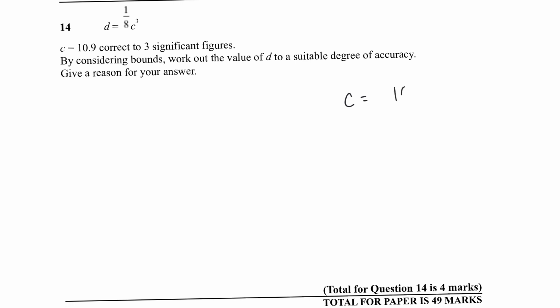So if we have our C, C could be anywhere between 10.85 and 10.95. The upper bound is 10.95, the lower bound is 10.85.